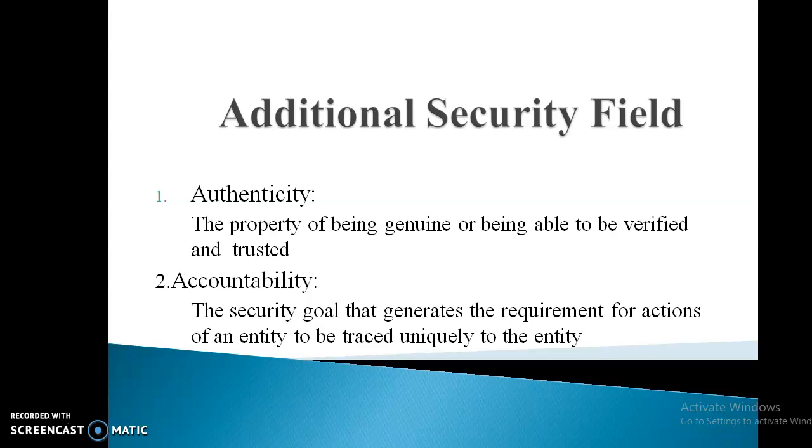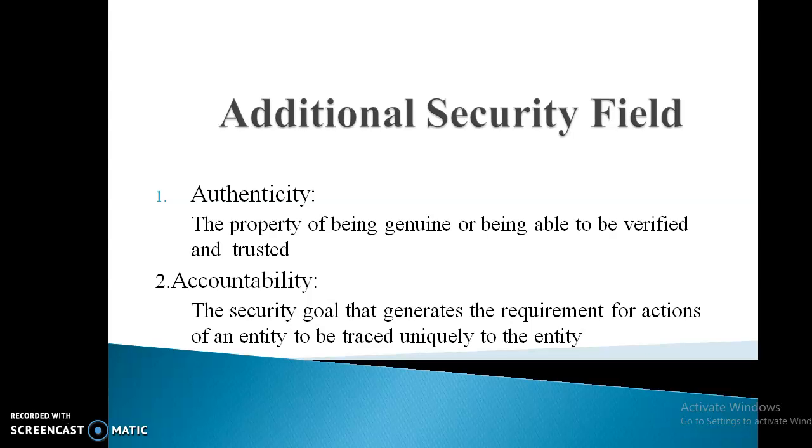Authenticity means information is in a genuine manner, not a copy. The property of being genuine and being able to be verified and trusted is called authenticity.